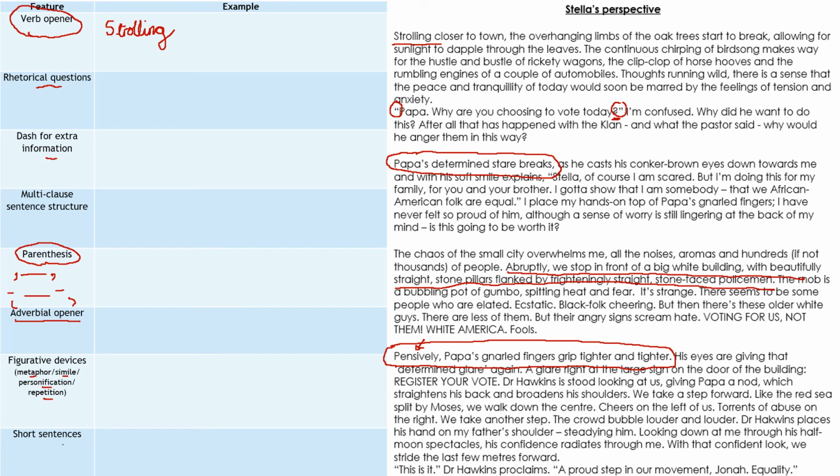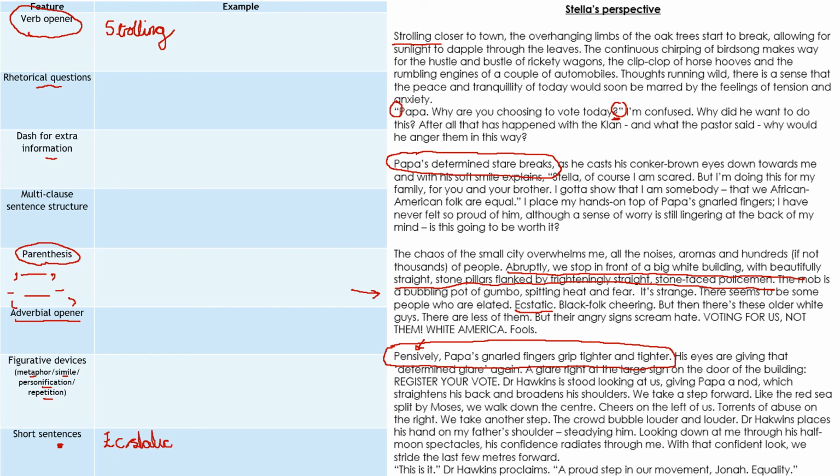And lastly, short sentences. Are there any short sentences in this piece of writing? Now, I can see in this paragraph here, for example, I've got a single word sentence, just "ecstatic." So I'm going to make a note of that because that is definitely a short sentence.